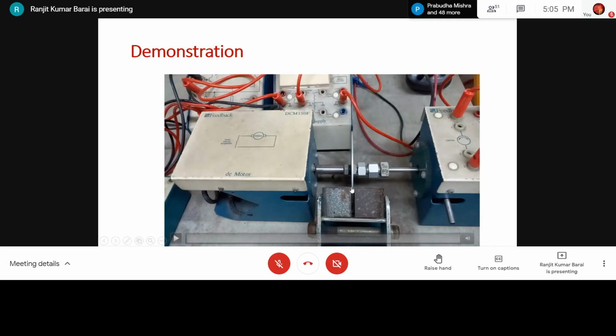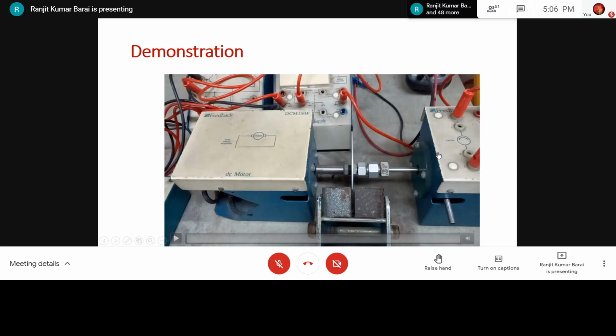For that, we will measure the armature current IS using this multimeter, and the voltage generated at the tacho generator output VG, and from that we will calculate the speed in RPM as well as radian per second. We will also calculate the torque from the corresponding RPM using the table shown in the previous slide.